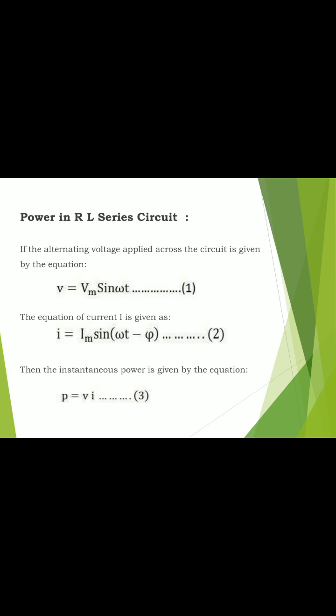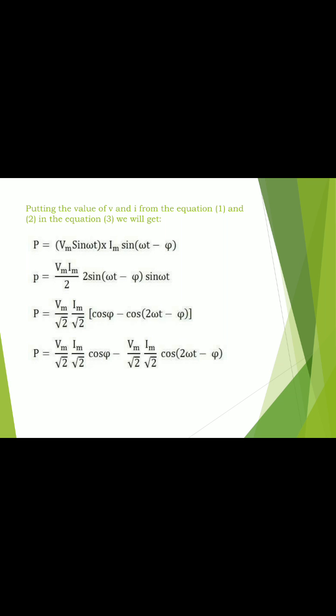Here the current lags the voltage, so we get the minus angle. Then the instantaneous power is given by p is equal to v into i. Putting these values of v and i from equations 1 and 2 in equation 3, we will get this equation.